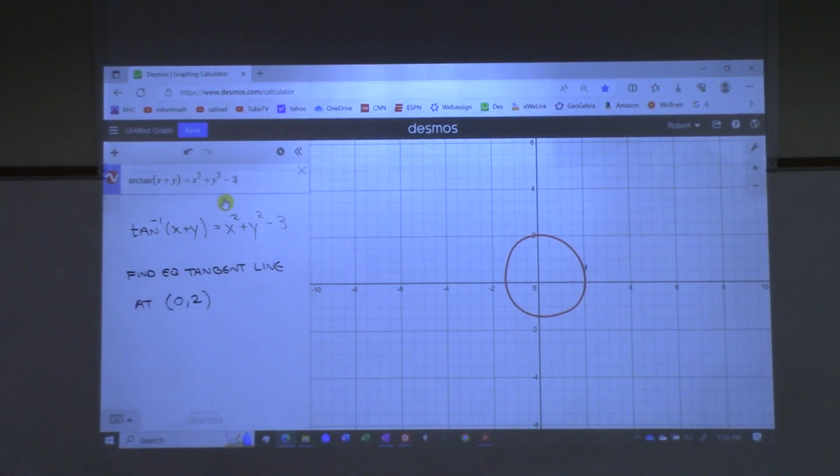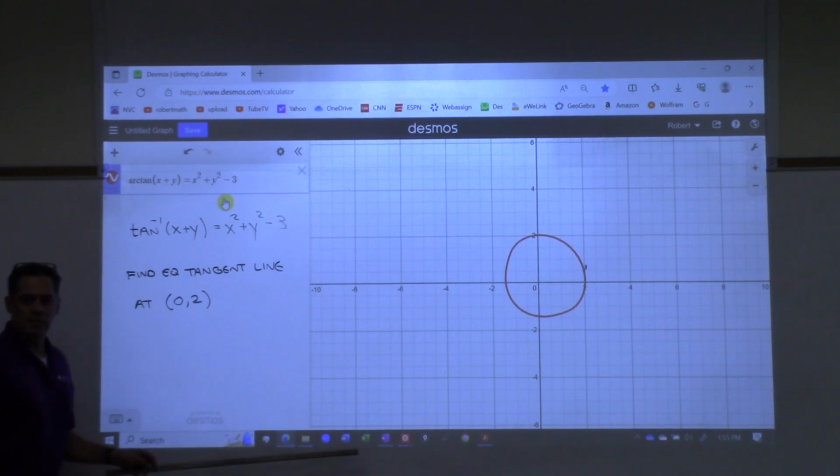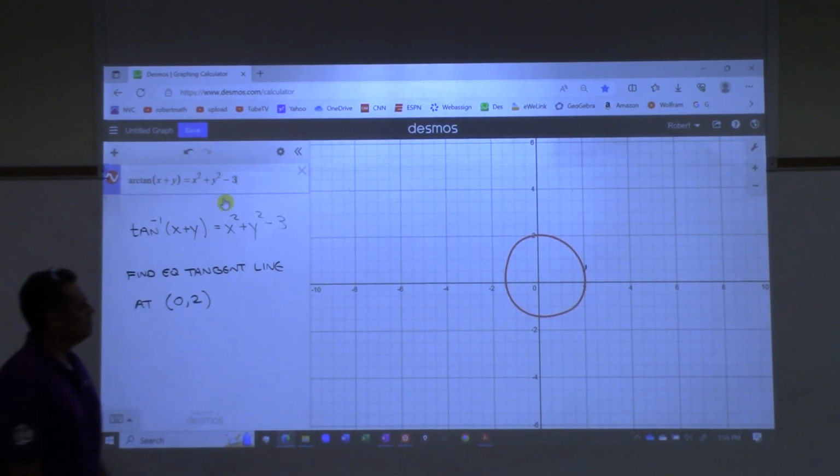Now, you should be able to tell me that answer just by looking at that, because I've already given you the graph. Go to the point 0, 2.